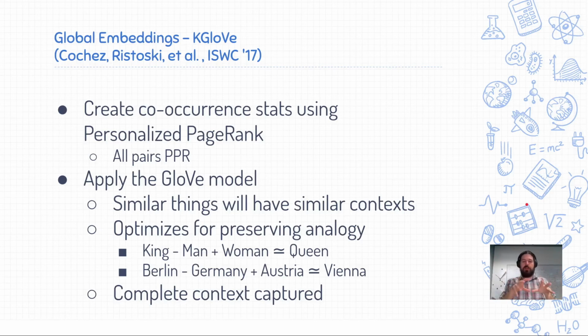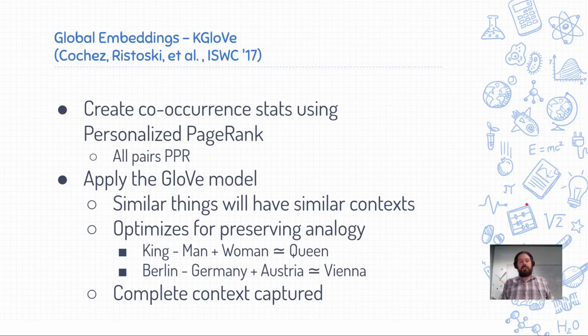Now, the information about that neighborhood, so about how close these nodes are, is also fed into another type of language model, which is called GloVe. And then basically the idea is to use a distributional hypothesis in such a way that you say that similar things, so similar nodes, would have similar context in the graph. So they would have similar neighbors and similar neighbors of neighbors and so on.